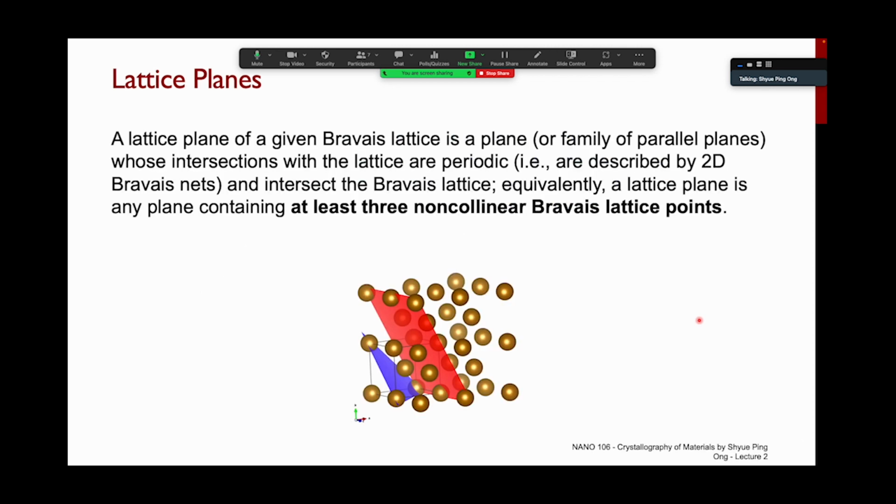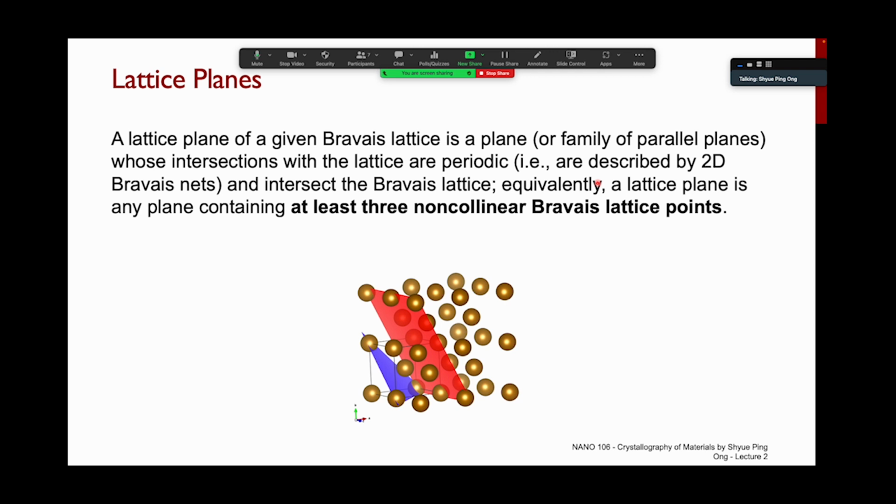So how do we define surfaces? There is actually a very well-defined crystallographic definition for lattice planes, okay? Essentially, a lattice plane for a given Bravais lattice is a plane or a family of parallel planes whose intersections with the lattice are periodic, right? In other words, they are described by 2D Bravais nets, and they intersect the Bravais lattice.